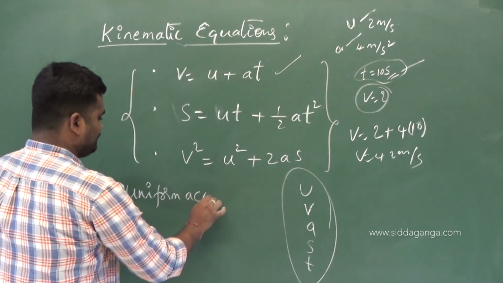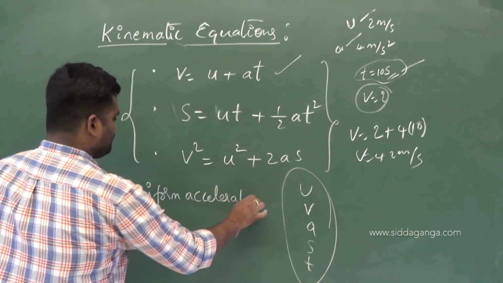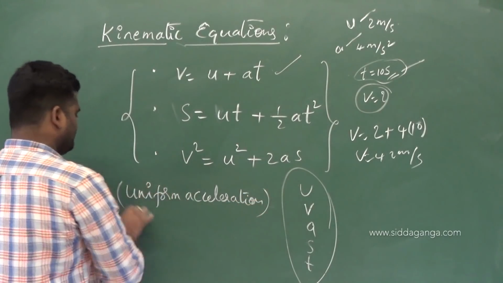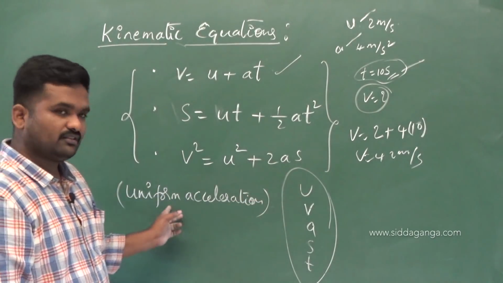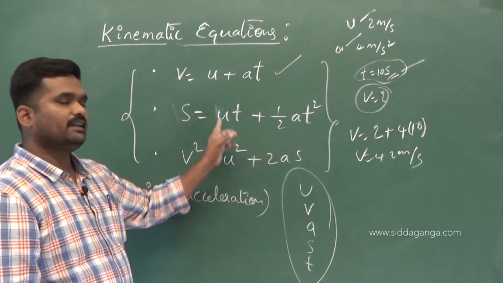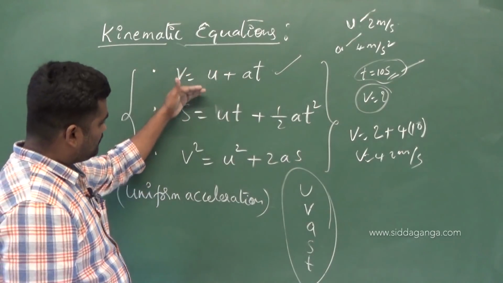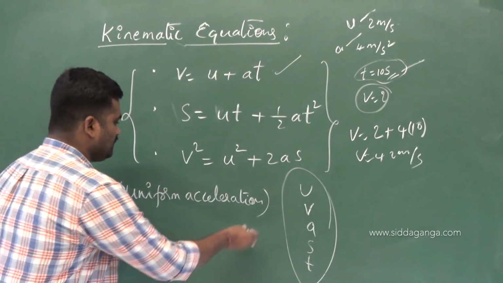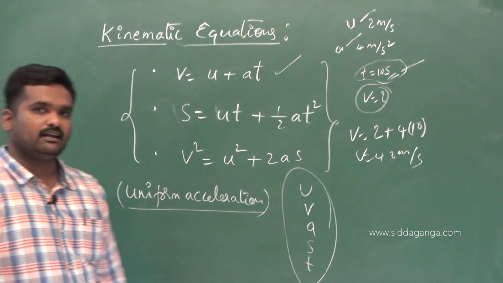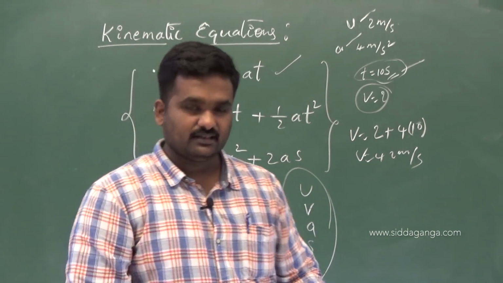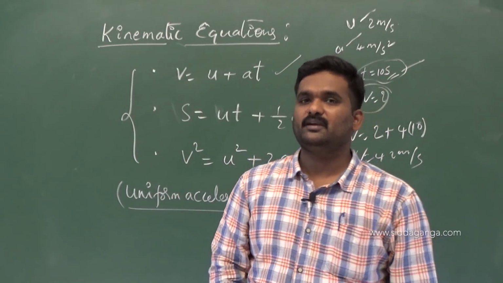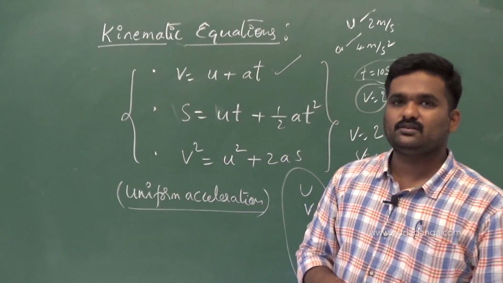Only for a body moving with uniform acceleration can you write these equations. If the body is moving with non-uniform acceleration, they cannot be applicable at all. These are valid only for a body moving with uniform acceleration. And in the previous session itself, we studied what uniform acceleration is, with an example also.